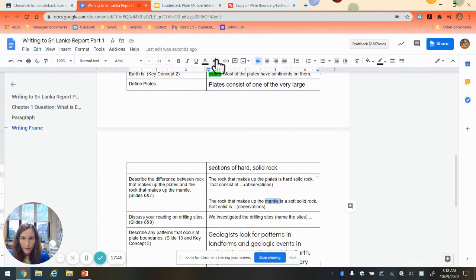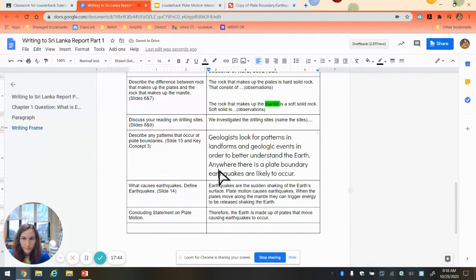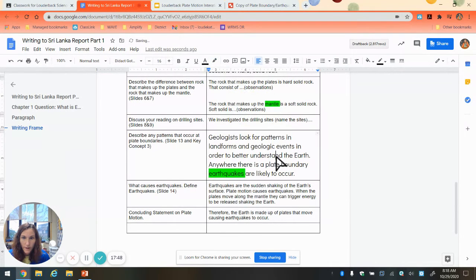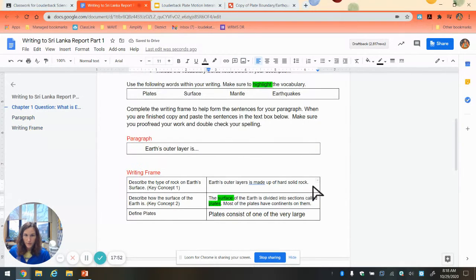Make sure I highlight that. And then earthquakes. Okay, now what I'm going to do is copy and paste all of these into my paragraph up above. And I want to make sure that these are a paragraph.